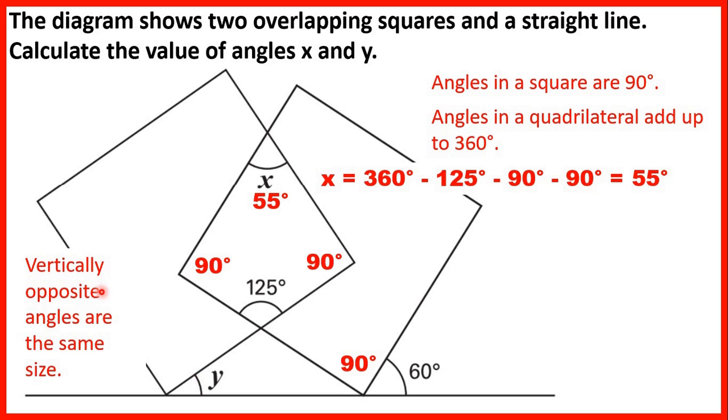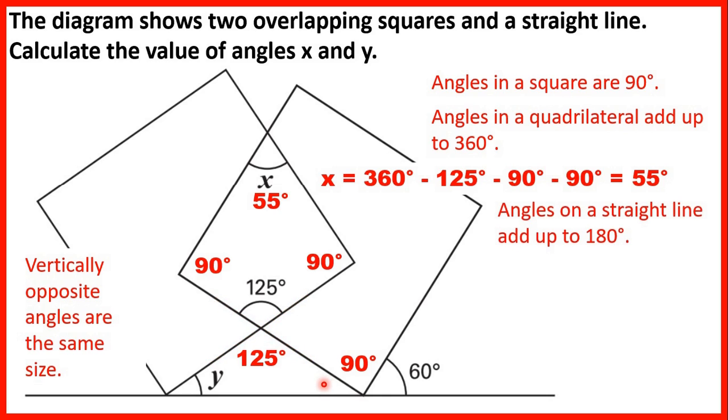Now vertically opposite angles are the same size, so what that means is that if two straight lines intersect, then the opposite sides will be the same. So if this angle is 125, this angle here will be 125 as well. So that's one of the angles in our triangle.